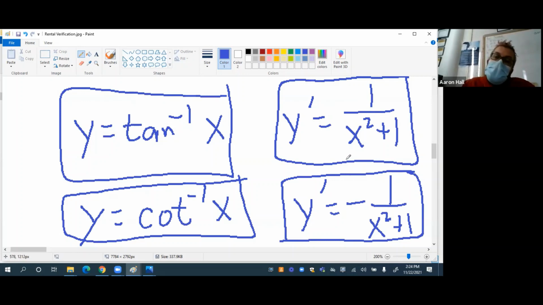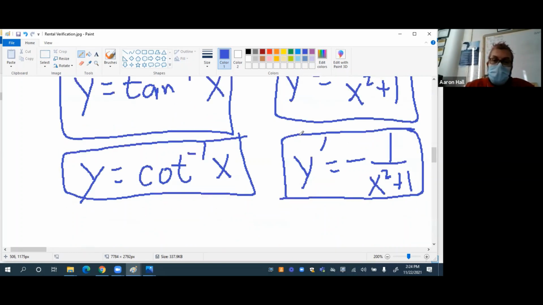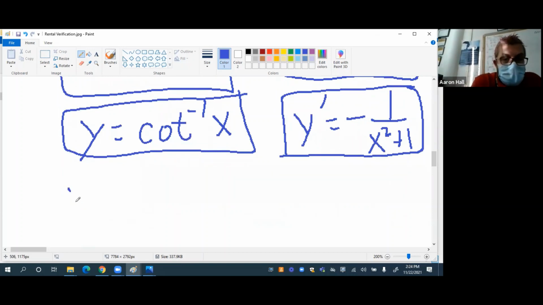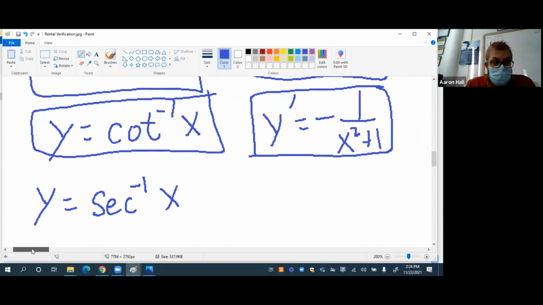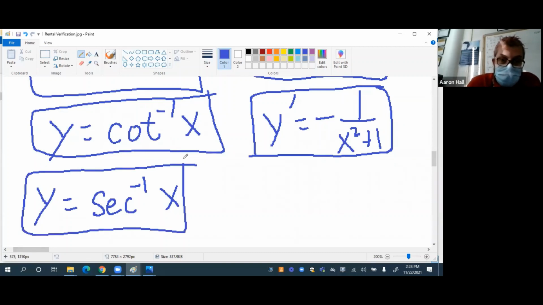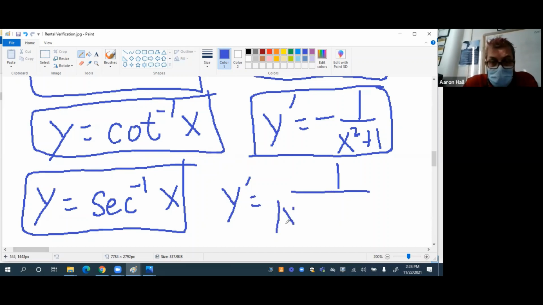Now, the next two are a little bit more complicated. I said we're doing 6 cards, we have just finished 4, so there are 2 more. If I have the inverse of secant of x and I'm trying to find its derivative, then this is the more complicated one: 1 over the absolute value of x times the square root of x squared minus 1.